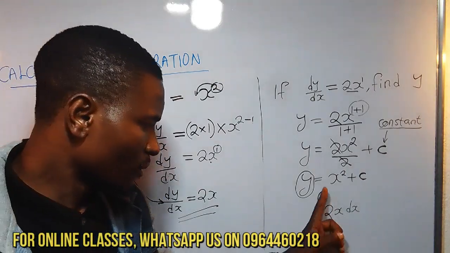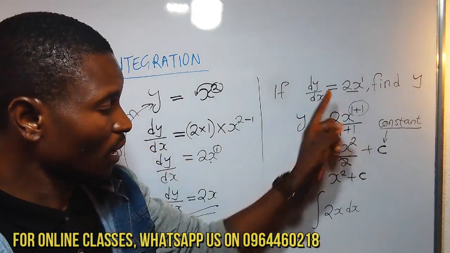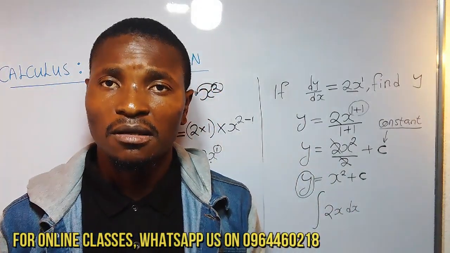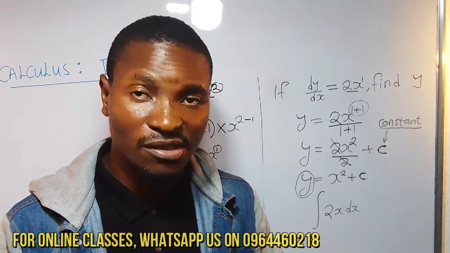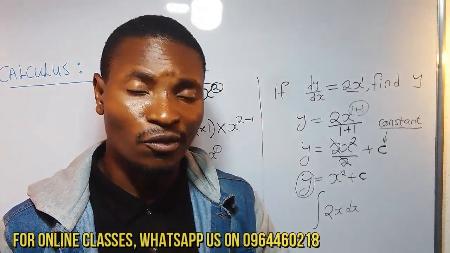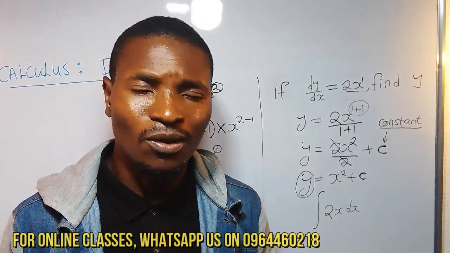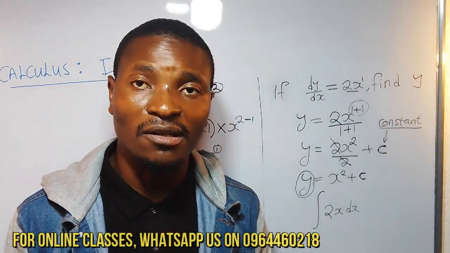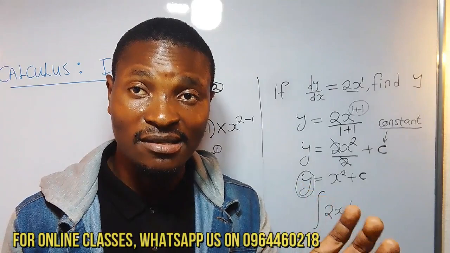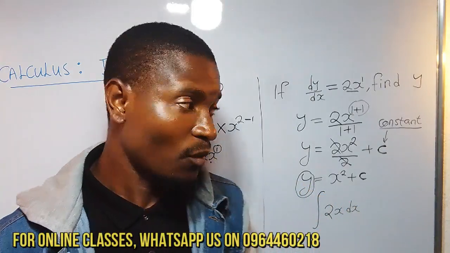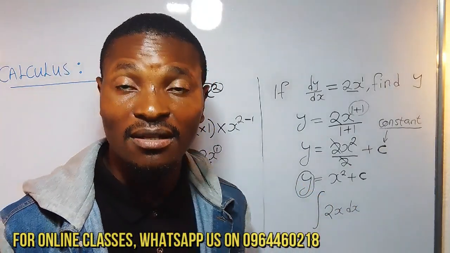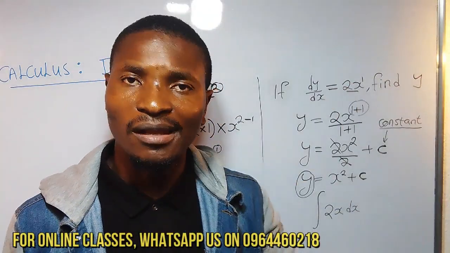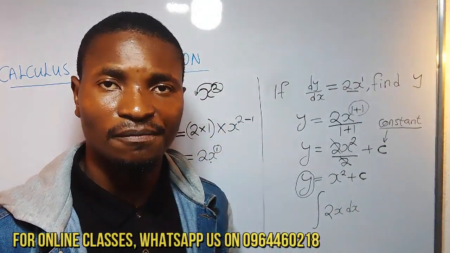Now, integrate this 2x with respect to x. So we are saying, can you integrate 2x with respect to x? The symbol, an elongated S, is normally referred to as an integral, or rather simply reads as integration. So the final answer is what we call the integral of this one.